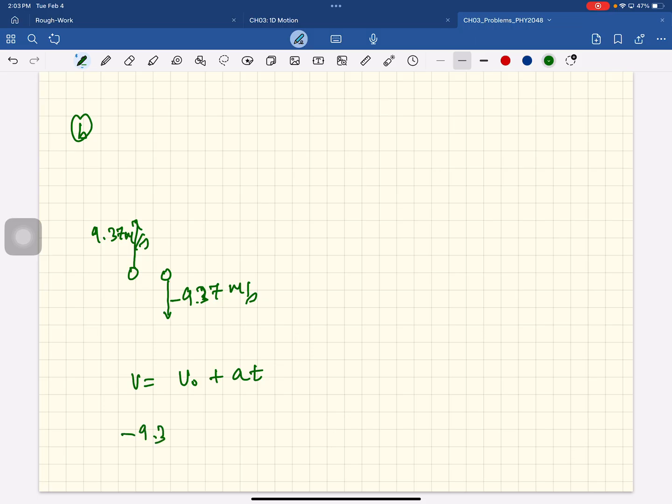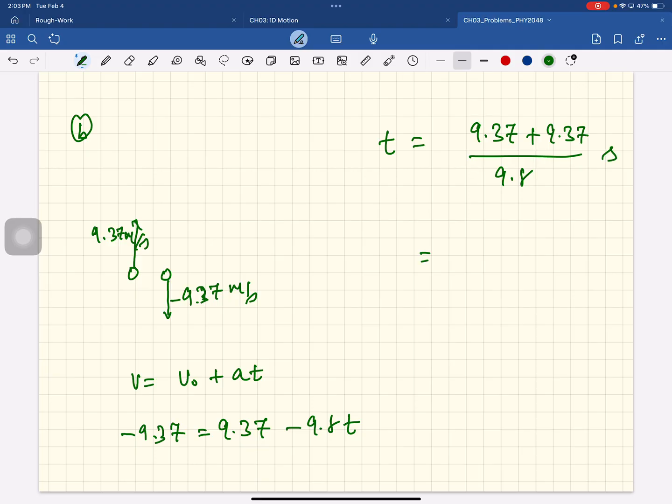Minus 9.37 equal to 9.37 minus 9.8 t. And that will be in seconds.